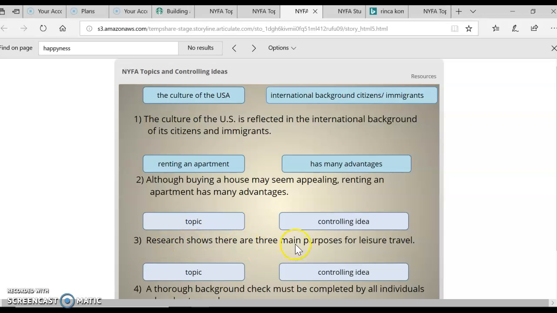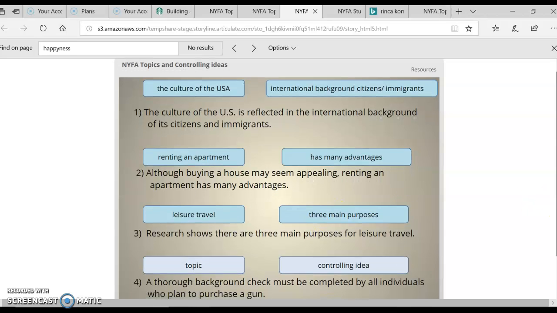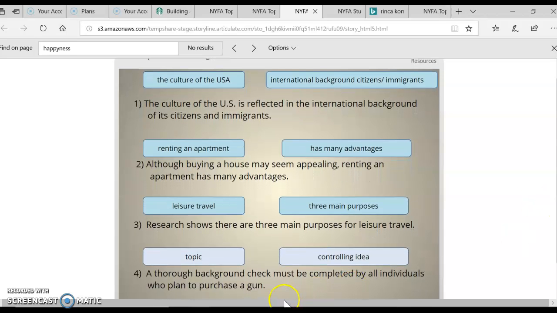Research shows there are three main purposes for leisure travel. What are we going to say about leisure travel? What do we want to talk about? The cost? No. Where to go? No. The three purposes is the controlling idea. And what about an argumentative topic?